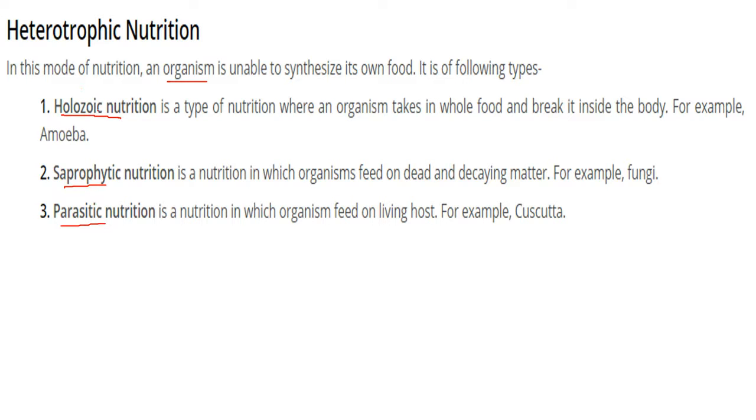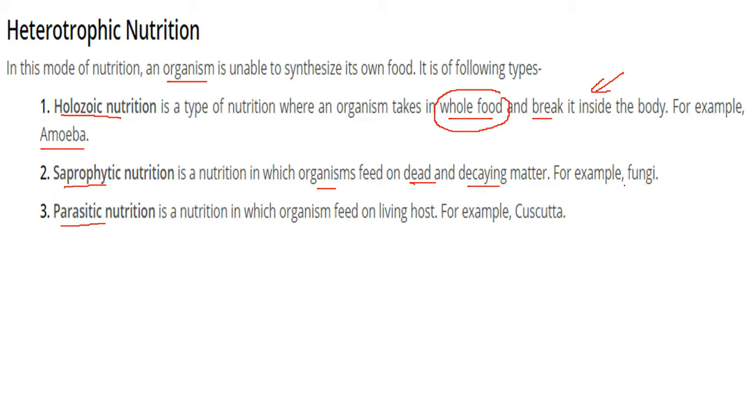In holozoic nutrition, organisms take whole food and break it inside the body. They take complete food, and then the breaking of the food is done inside their body. For example, amoeba does that. Saprophytic nutrition is where organisms feed on matter which is decaying, which is dead, which has lived its life.